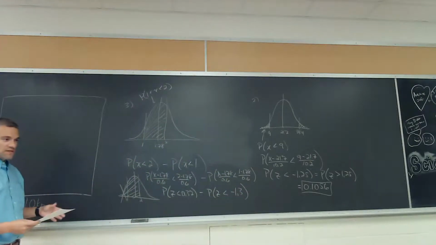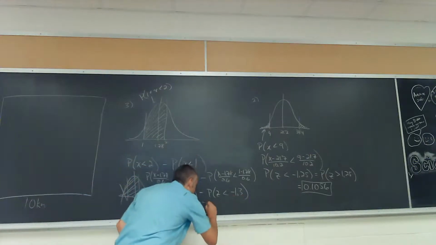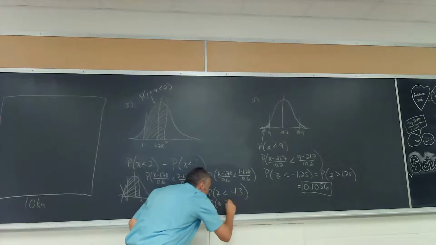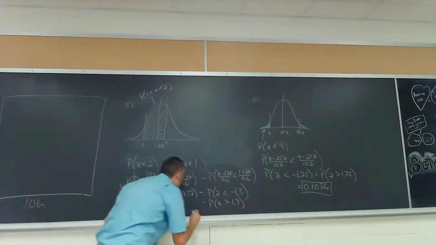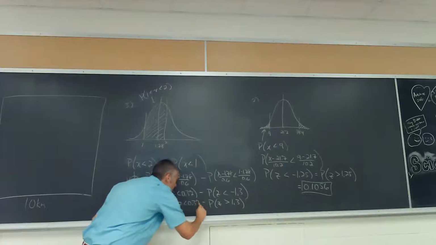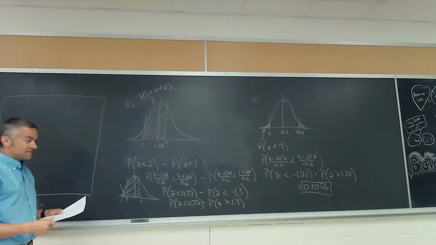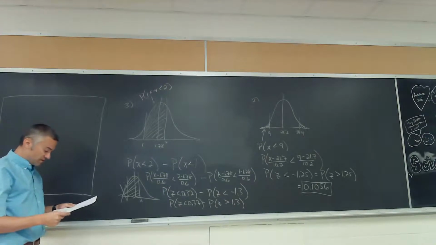All right, the same sort of thing. What we can do is convert this to a positive. So that's our tail. So z is less than 0.37 minus z greater than 1.3.